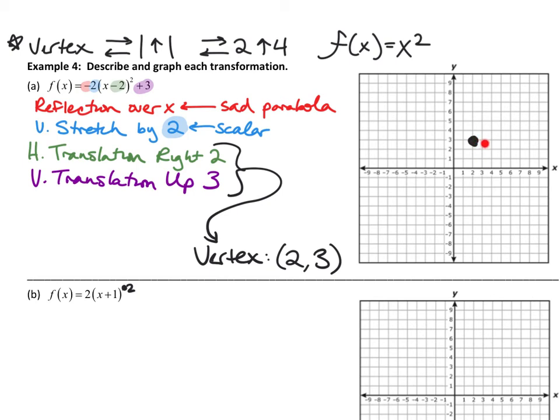So over 1, down 2. That's where my next point would be. And then I can go over 2, down 4, 1, 2, 3, 4, but times 2 is 8, 5, 6, 7, 8. That's where my next point is going to be.